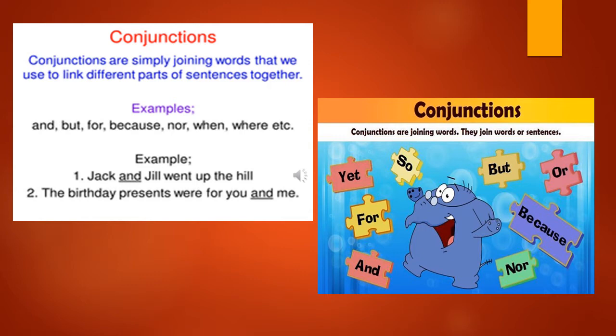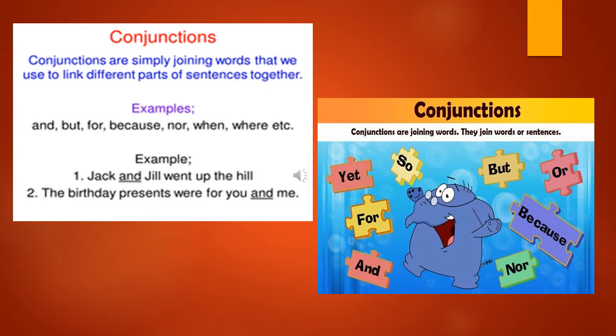Here, and is a joining word. Now in sentence number 2, the birthday presents were for you and me. Here also, and is a joining word.